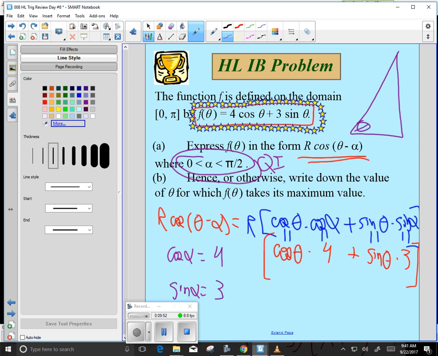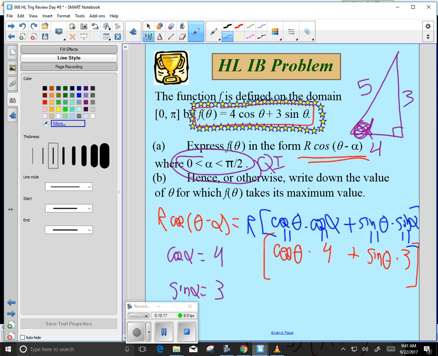For alpha, where does the 4 go on the triangle? Opposite, adjacent, or hypotenuse? Adjacent. Where does the 3 go? Opposite. And so what will have to be up here? 5. There's your triangle.